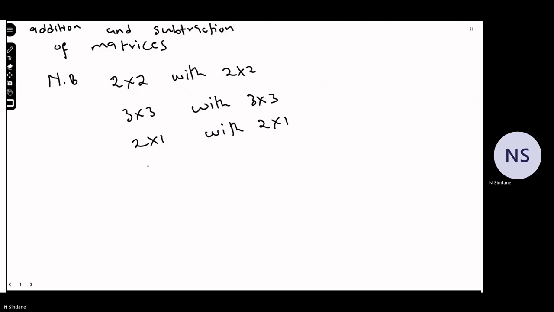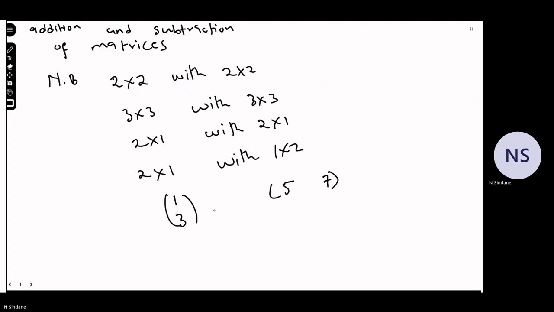You cannot add a 2 by 1 with a 1 by 2. These are not matrices of equal array. If you check, the other one would be like this: 2 rows, using, let's say, 1 and maybe 3, and the other one will be something like 5 and 7.